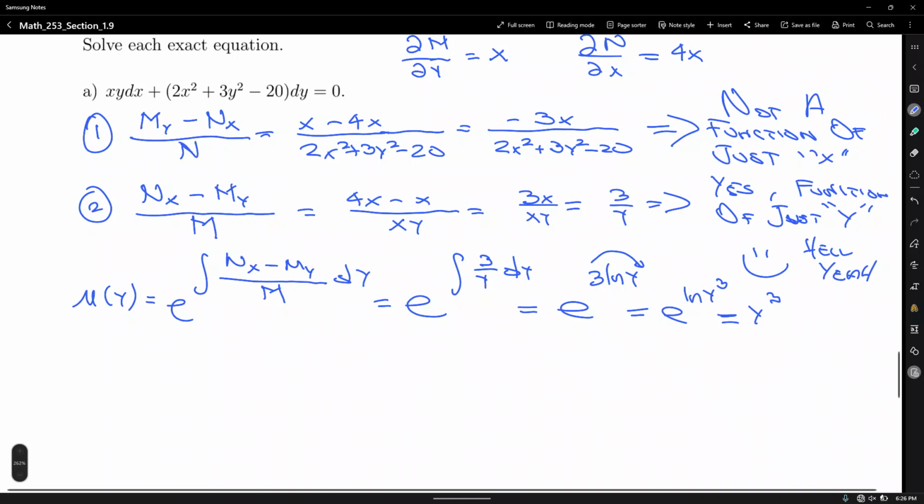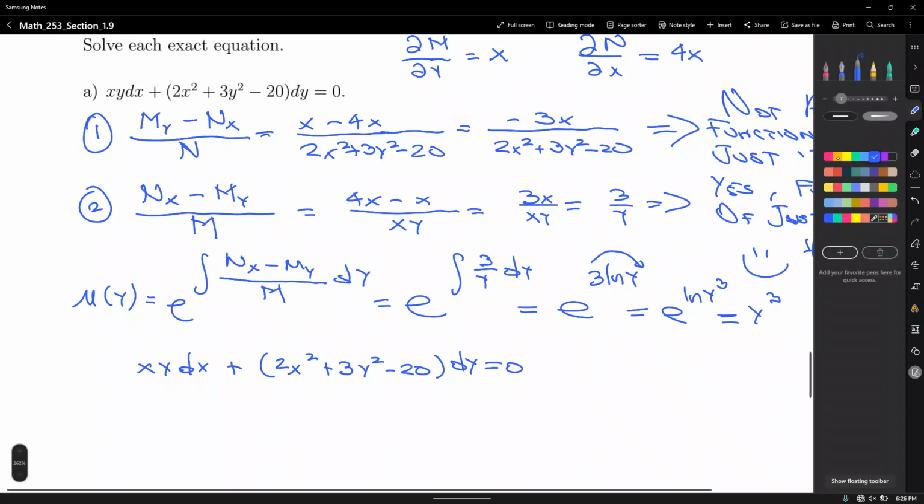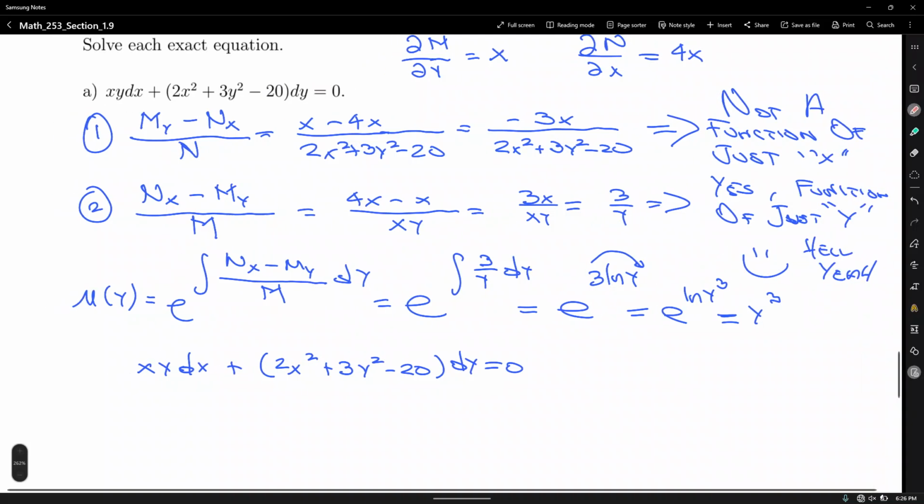Okay, so here we go. I'm going to rewrite the equation: xy dx plus (2x squared plus 3y squared minus 20) dy equals 0. Let's multiply both sides of this equation by mu of y, which in this case is y cubed.